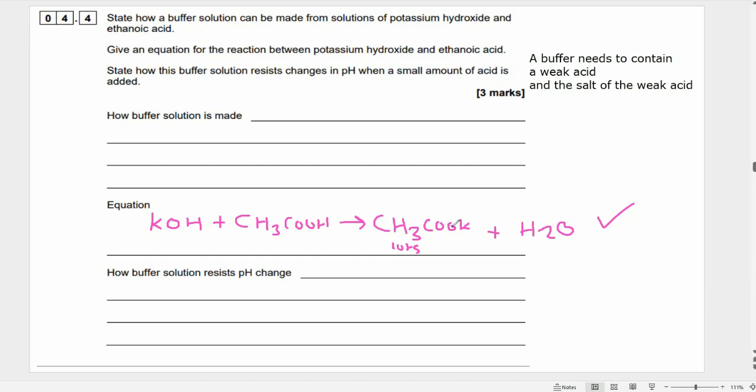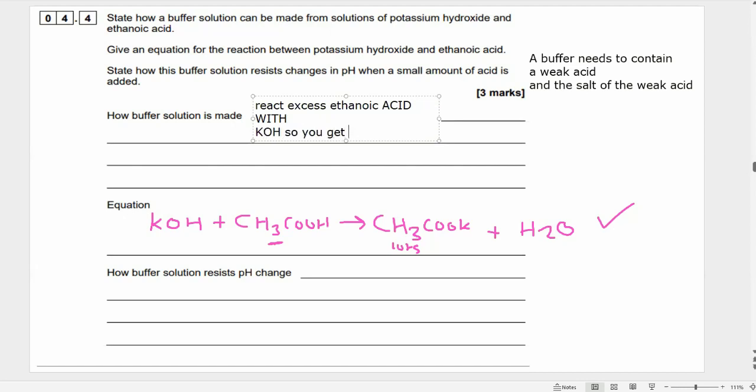Okay. However, you won't have anything left to absorb hydroxide ions. So you need to get lots of the ethanoic acid as well. So what do you do? You add the ethanoic acid in excess. So what we want to do is react excess ethanoic acid with potassium hydroxide.